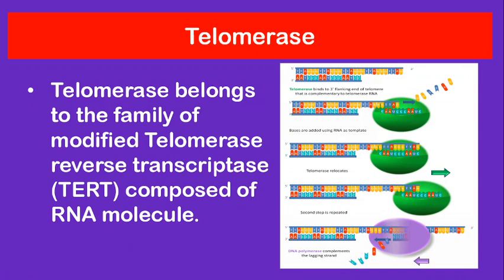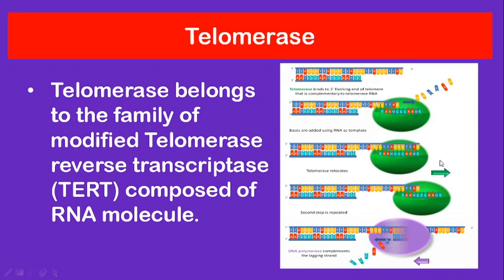This shortening problem is called the end replication problem. Eukaryotic cells face a problem in replicating the ends due to the removal of RNA primers from the 5' end of the lagging strand, and because DNA polymerase can add nucleotides only to the 3' OH end.